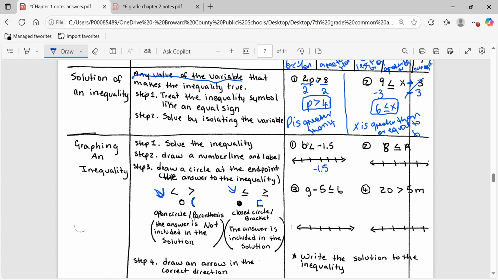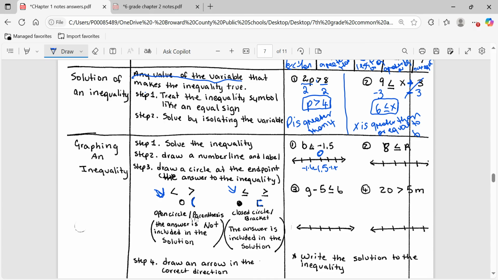So because my sign is less than, I'm going to have an open circle on that negative 1.5. And then maybe to the right, you want to put negative 1.4 and negative 1.6. I'm okay with that as long as your solution, negative 1.5, is on the number line.